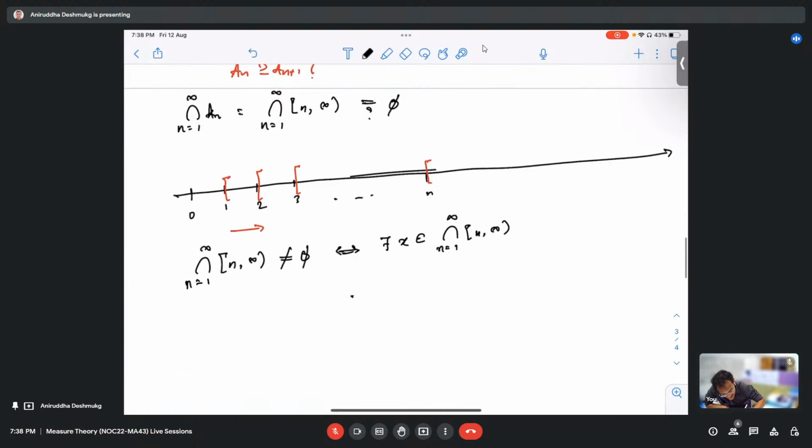But if this happens, this means there is a real number x such that for every n, this x is bigger than or equal to n. Is that right? Is whatever I am writing correct?